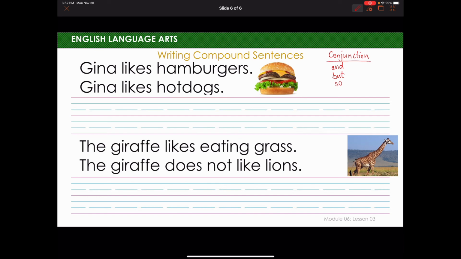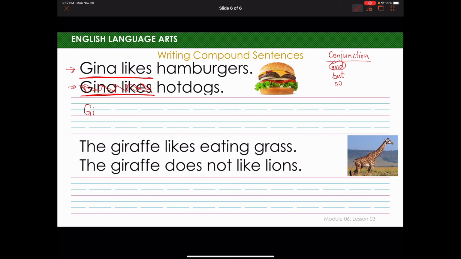Let's look at this first one as an example. Gina likes hamburgers. Gina likes hot dogs. This kind of repeats itself here when it says Gina likes, and that can get kind of boring if I keep repeating myself over and over again. So what I can do is I can take out this part, Gina likes, on the second sentence and use a conjunction in its place.